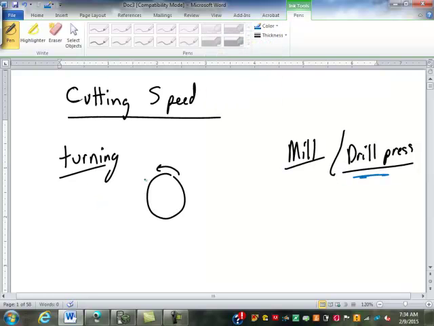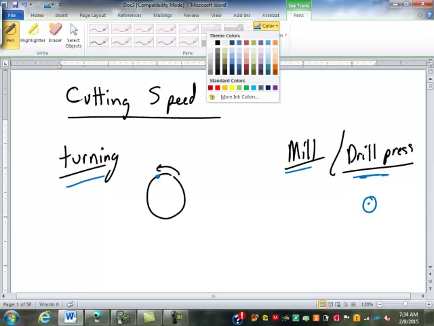For both of these, the spinning surface is the speed of the cut. On the drill press, it's spinning, but it's also going into the material, and the speed of the cut is the rate at which it's going into the material. So we're going to look at mostly turning and milling for right now for our examples.